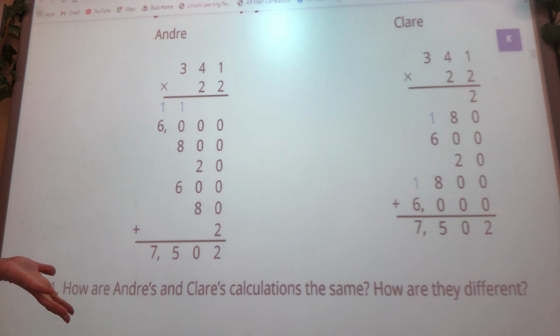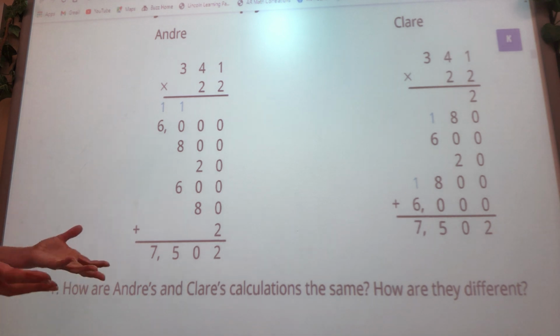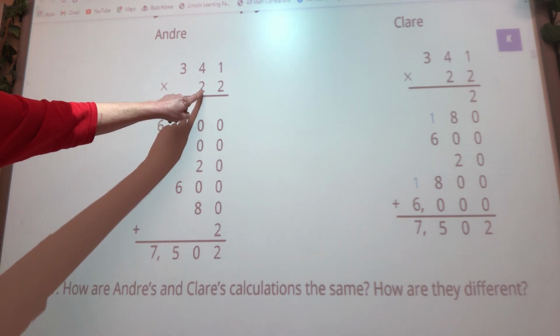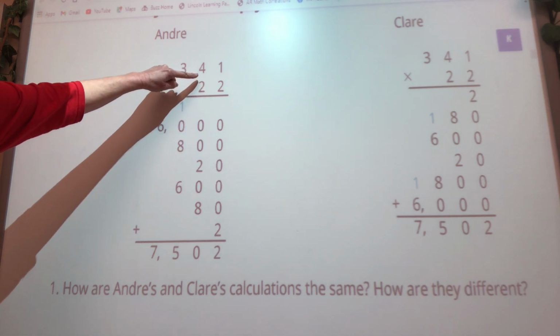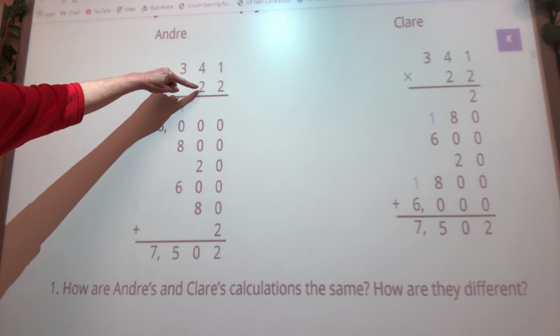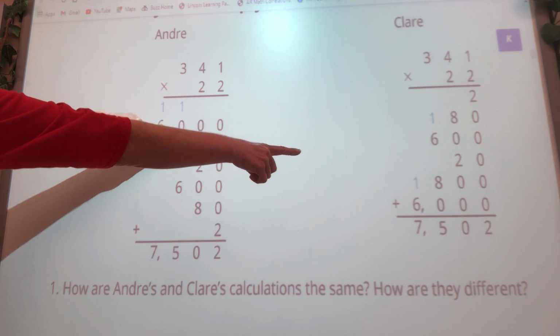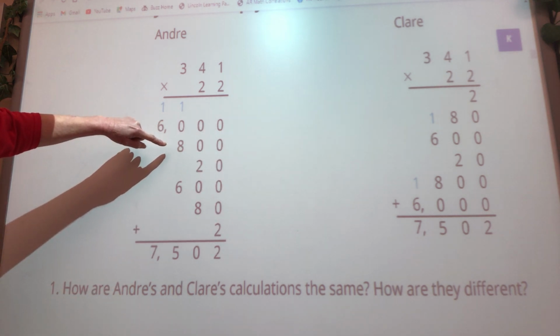But it doesn't matter which order we do it in as long as we get them all. So for this one, this is in the tens place, so I would have 20, and this 4 is in the tens place, so 20 times 40, that's where Andre got the 800. And Claire did it too, she just did it in a different order.